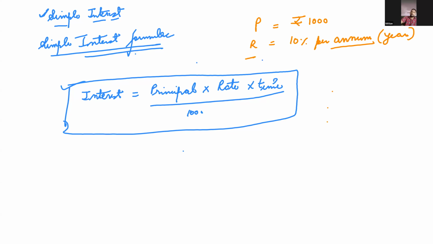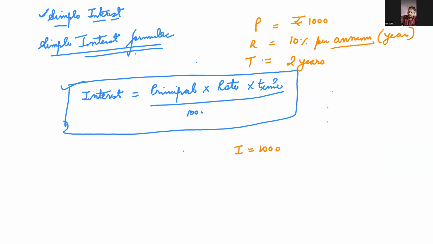And then time. For how much time? He said for 2 years. So now we will calculate the interest, like how much extra he has to give. He will give 1,000, but he needs to pay me extra because he borrowed some money from me. So interest I equals P, which is 1,000.